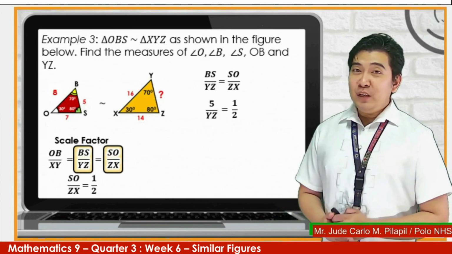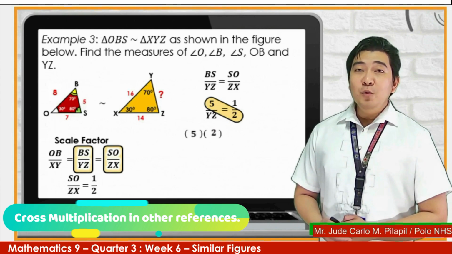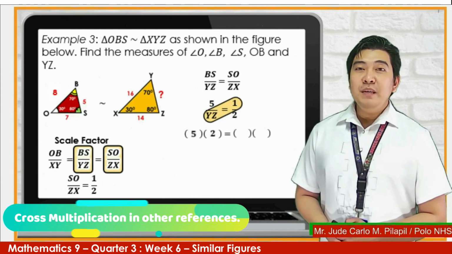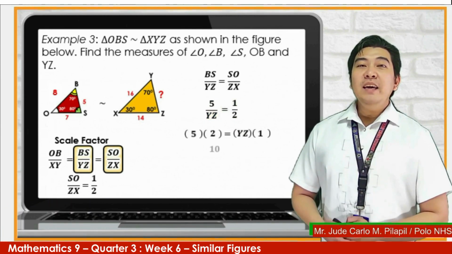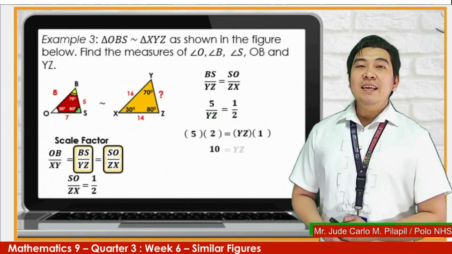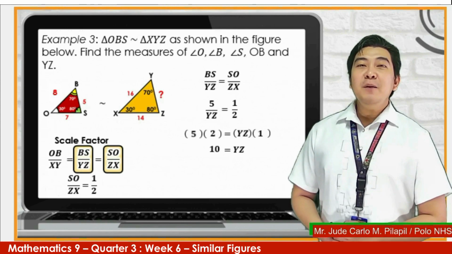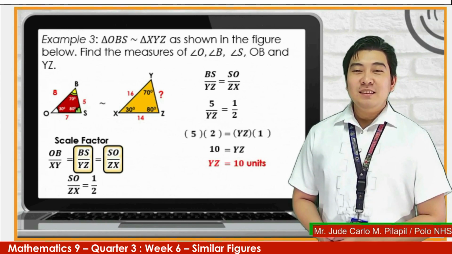Applying the means and extremes theorem, multiplying 5 times 2 is equal to the product of the means. That will be YZ times 1. Simplifying, the result will now be 10 is equal to YZ. So therefore, by symmetric property, YZ is equal to 10 units.